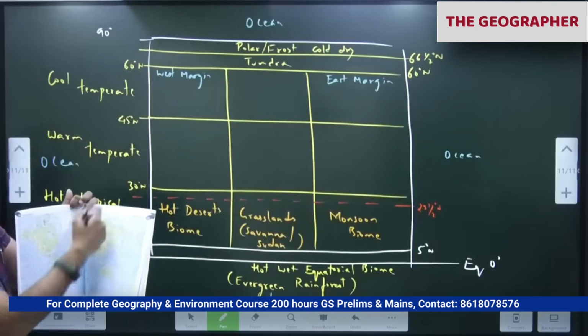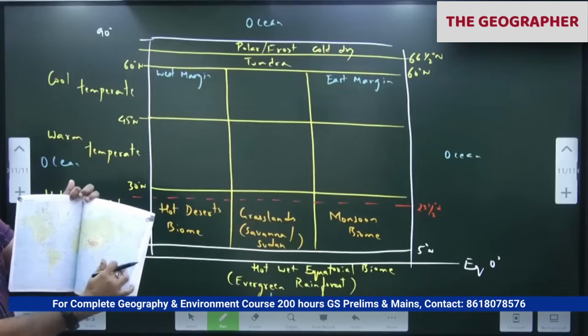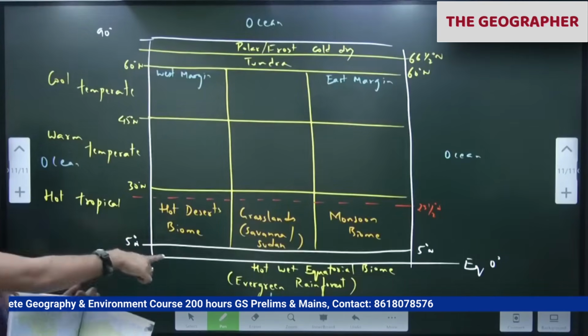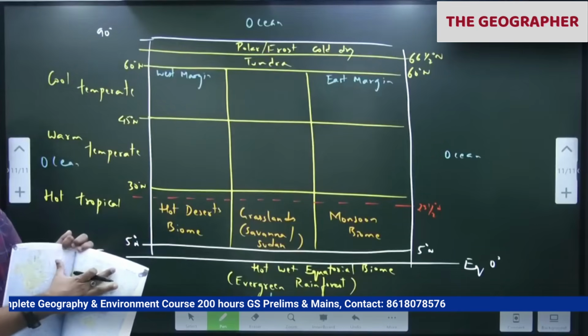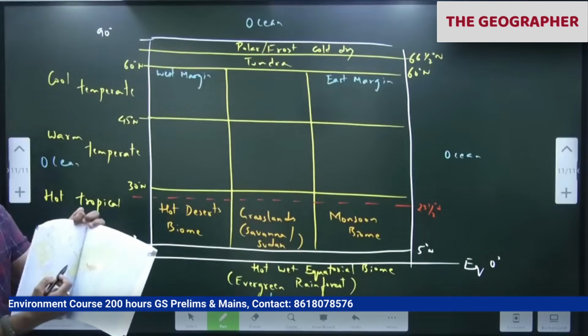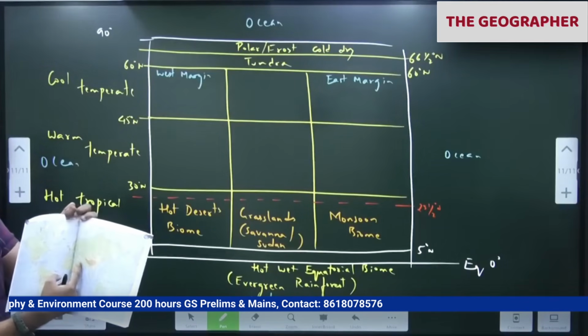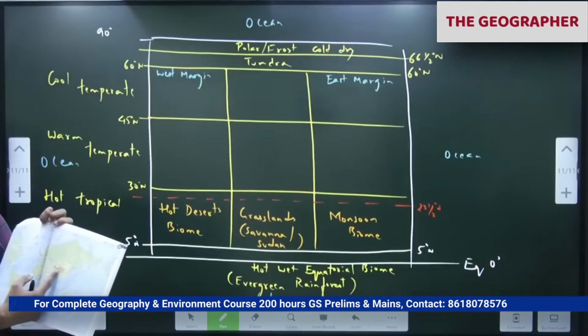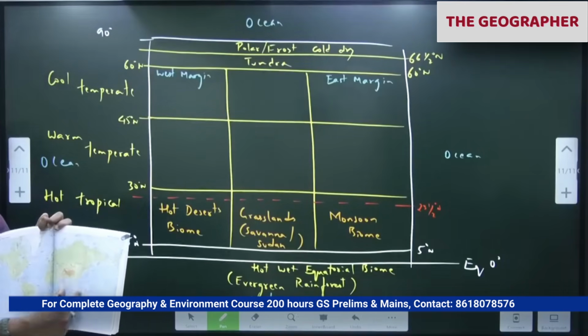Notice here, polar: this is tundra, Arctic tundra. This is the equator, Indonesia, Africa, where we have rainforest. We can apply this to this landmass here. You can see the Sahara Desert here, and the desert stretches all the way from the Sahara to the Arabian Peninsula. Grasslands also here. Then this is monsoon land. Remember India?